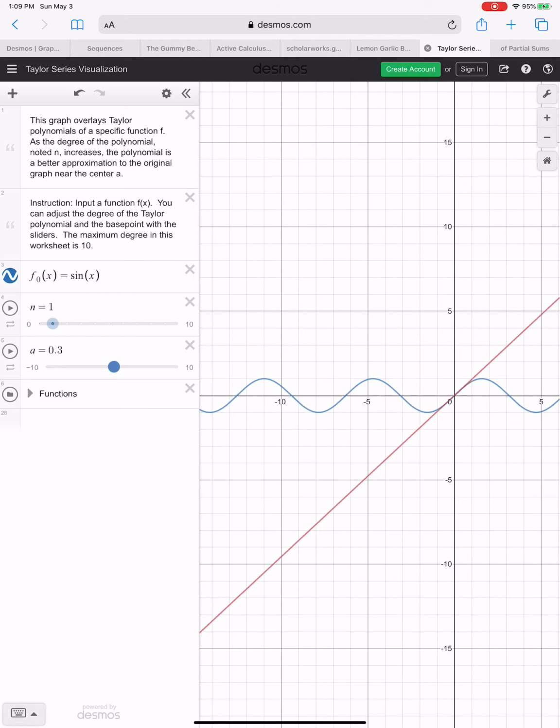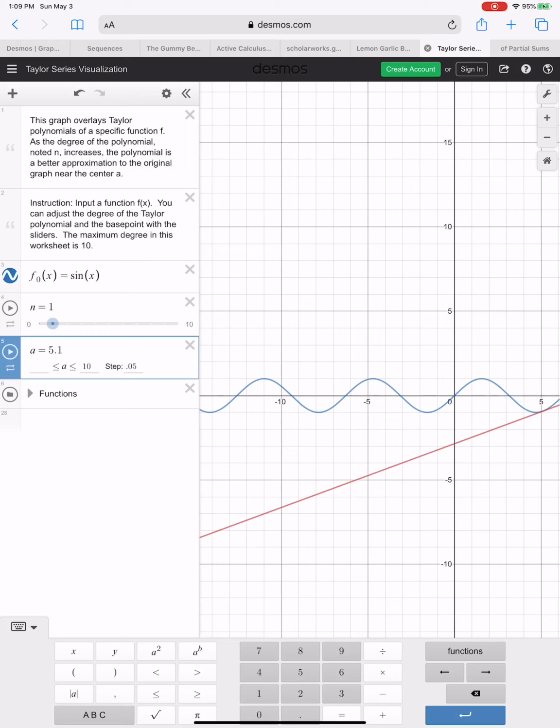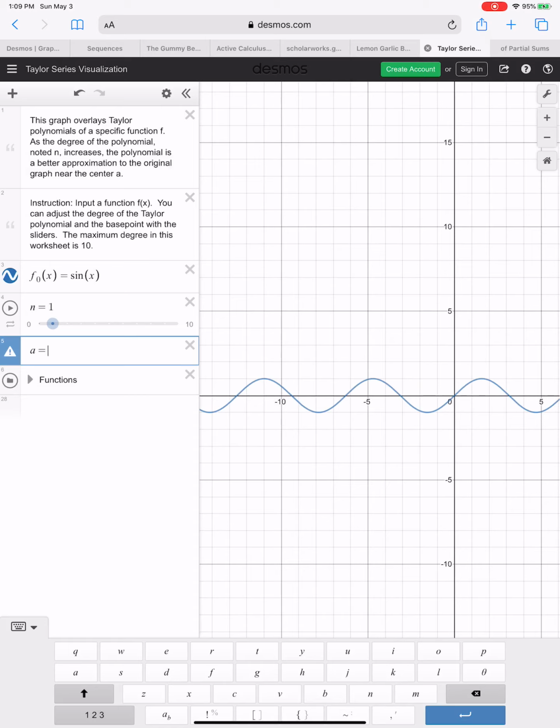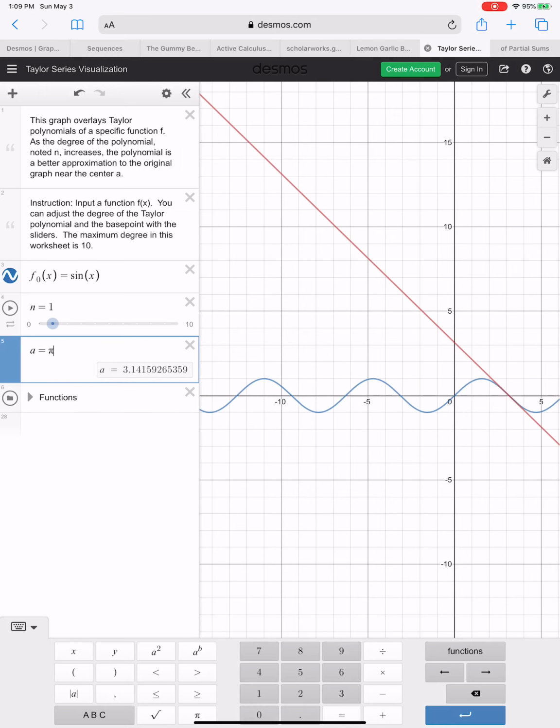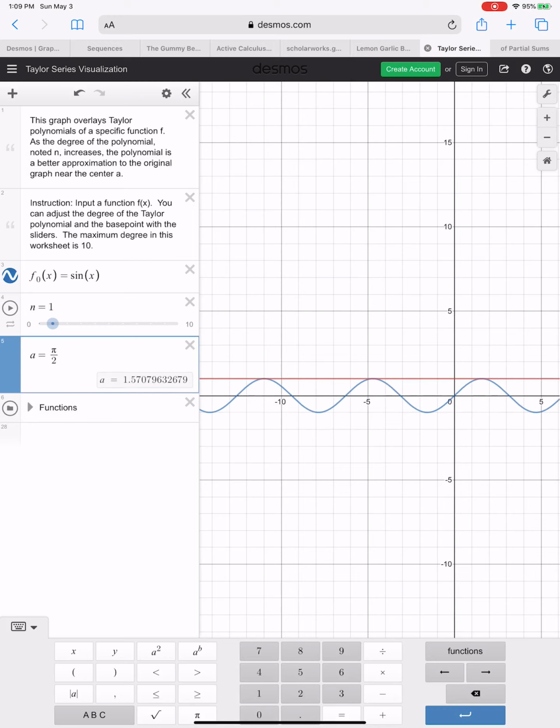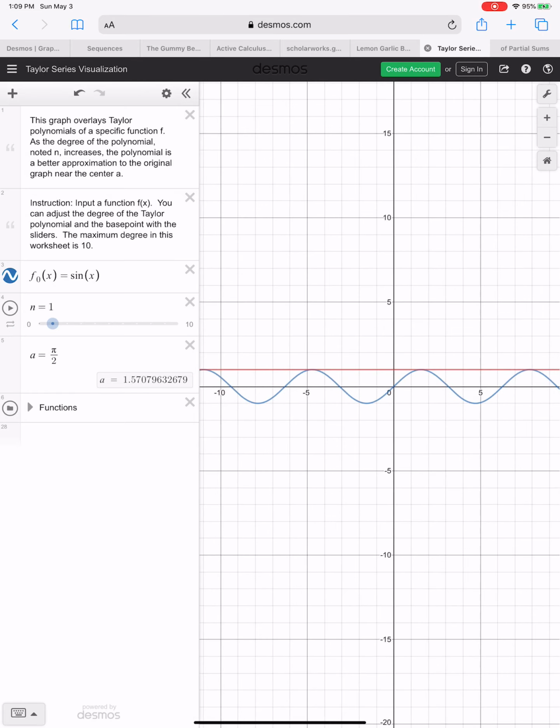Let's go ahead and our a was supposed to be pi over 2. So there we go. There's our a, and here's pi over 2 right there.